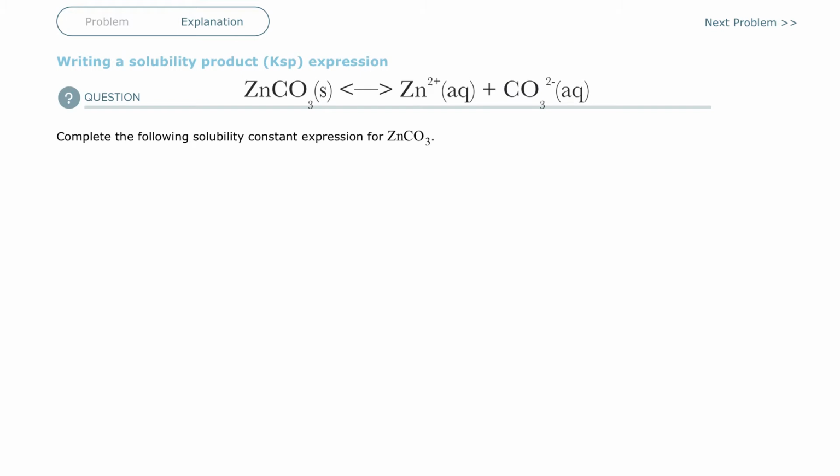So when you look at the K sub SP and you have a very small number, like 10 to the negative something, then you know that very little of that stuff will dissolve in water. If you have a huge K sub SP, that means that a ton of it will dissolve in water, or all of it, depending. There are certain things you can stir in, like your chocolate milk.